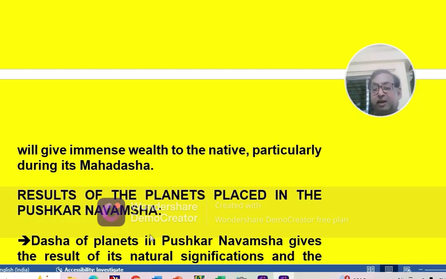It will benefit you, but a planet becomes active and dynamic during its Mahadasha, Antardasha, Pratyantardasha. They become dynamic. So dynamic results are more forceful than the dormant results. Planets become active, dynamic during their Mahadasha, Antardasha, and in normal time it behaves like a normal planet.